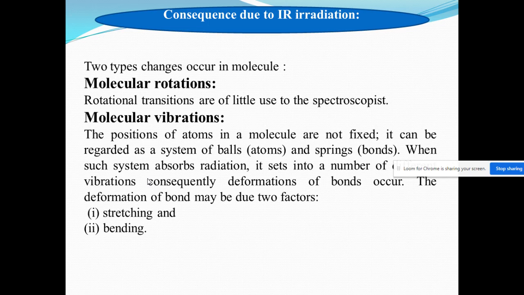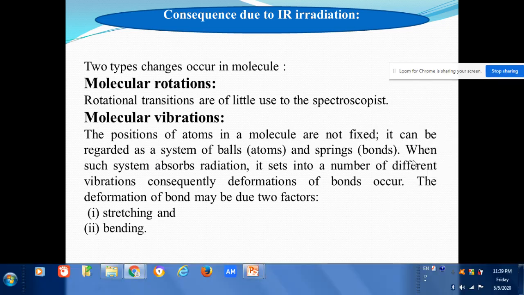Now, what are the consequences due to IR radiation? Two types of change occur in a molecule. Number one, molecular rotations and molecular vibrations. Rotational transitions are of little use in spectroscopy. In molecular vibrations, the positions of atoms in molecule are not fixed.